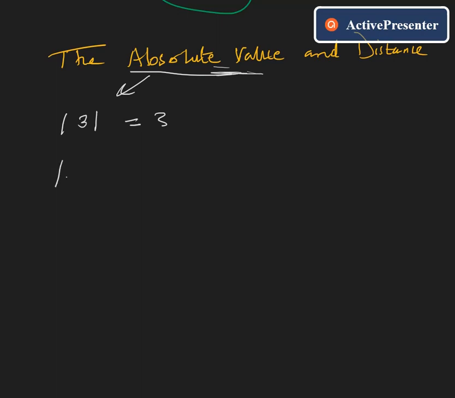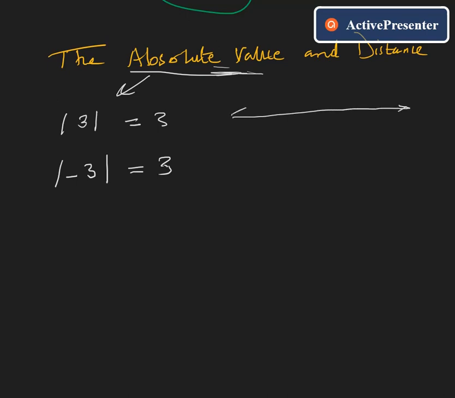The absolute value of -3 is also equal to 3. So, the absolute value of a real number called A is denoted like that. What do we mean by the absolute value? It is similar to the distance.